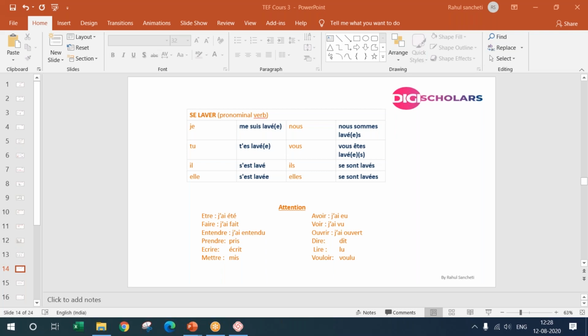So the sentence je appelle is a regular verb. That's why we have conjugated that with avoir. J'ai appelé is I had called. It's a normal verb because there is no se attached to it. That's why we have used avoir and we conjugated that with ai.